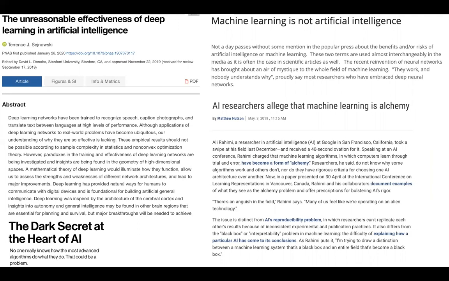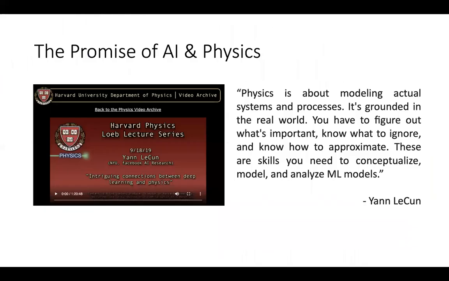And of course, there was a rebuttal from other lead researchers. But the point being that the AI and ML community is facing a set of challenges which require thinking outside of the box. And we believe that physics-based approaches may be one such way to foster that kind of out-of-the-box thinking.